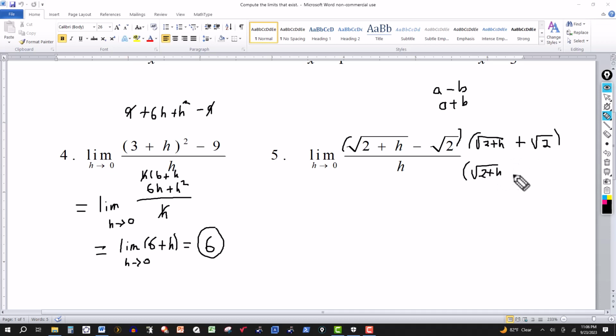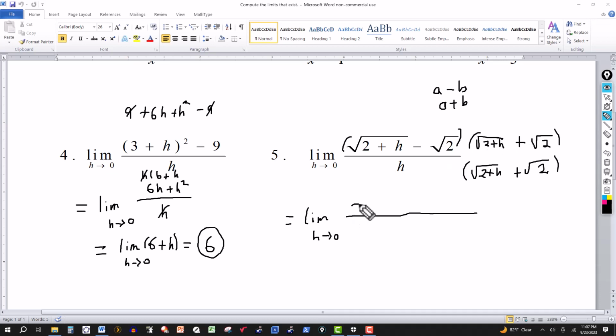You multiply anything by 1, it doesn't change it. So it's just another way of rewriting this. This over this is 1. So now, come over here and say this is the limit as h goes to 0. Multiplying by the conjugate in the numerator, radical 2 plus h minus radical 2 times this conjugate: a minus b times a plus b is a squared minus b squared.